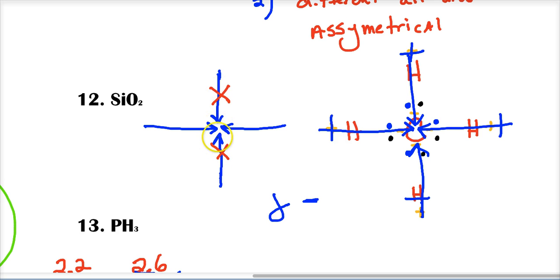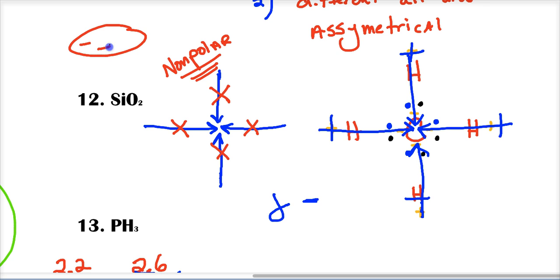If 2 trucks are pushing on each other in these 2 directions, they would cancel themselves out. These 2 forces cancel themselves out. And overall, you have 4 forces cancel themselves out, and we would call this a nonpolar molecule because it is symmetrical. If it's symmetrical, think with me for a second.